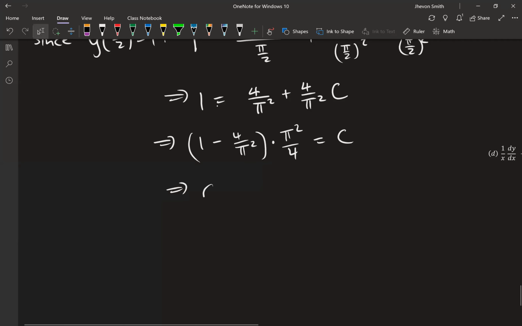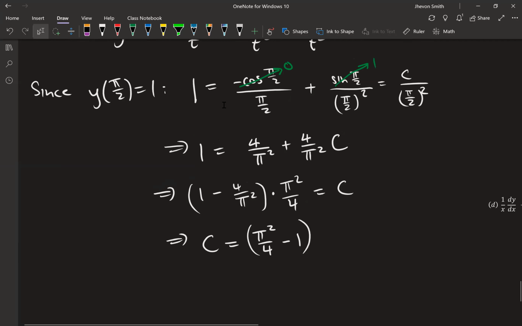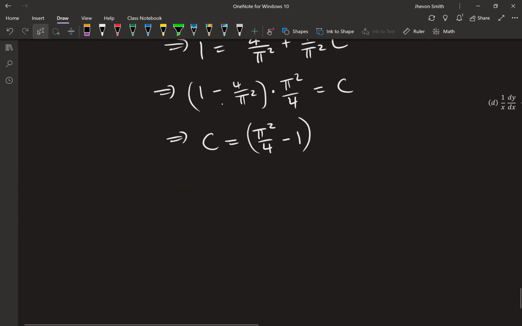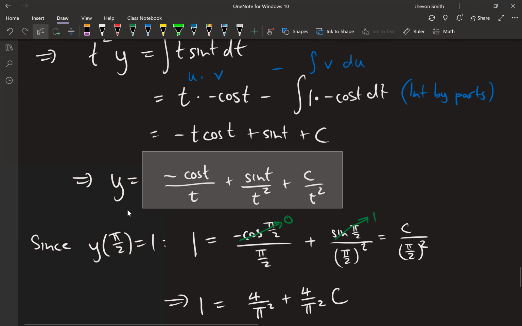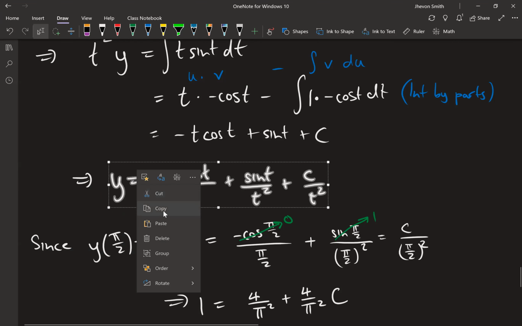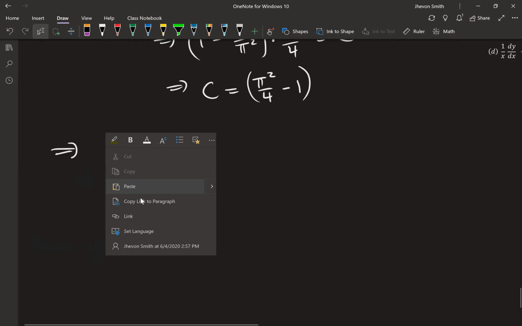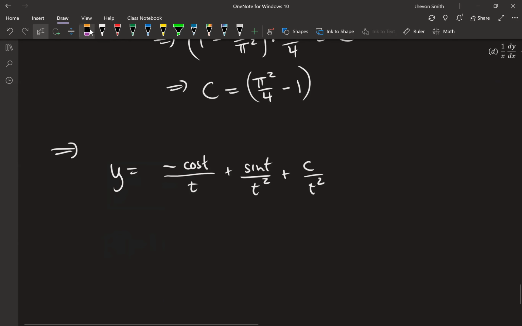And so my c is going to be pi squared over 4 minus 1. And so now I can go back. So our original solution, that's the general solution. So at this point, I need to plug in that c.